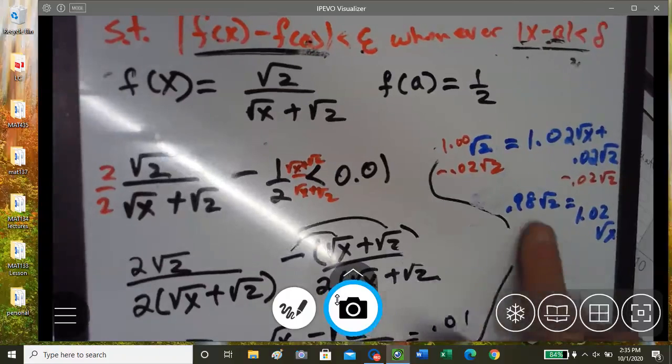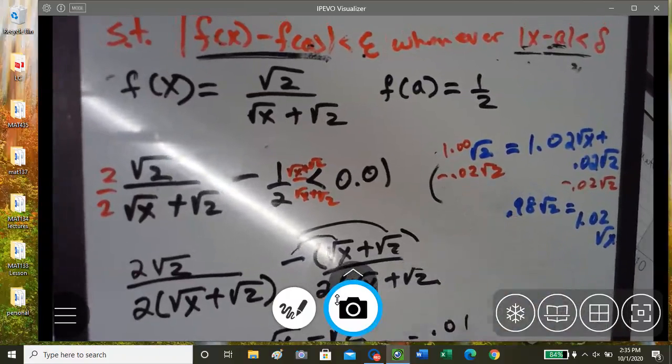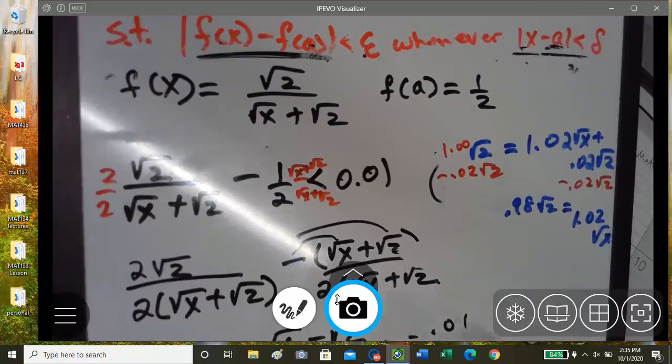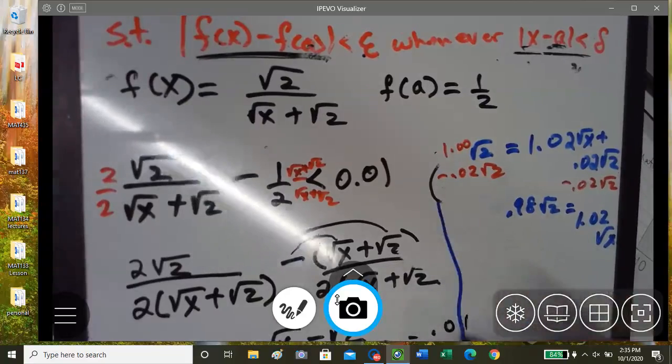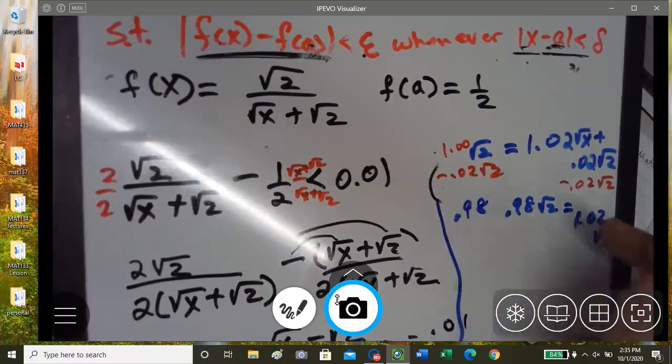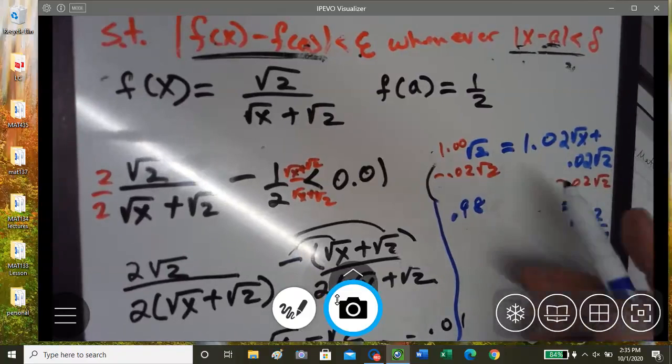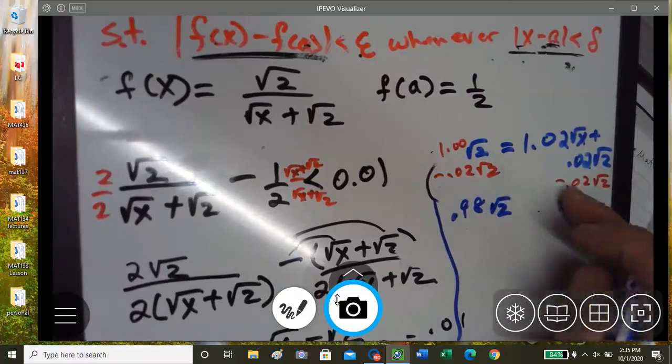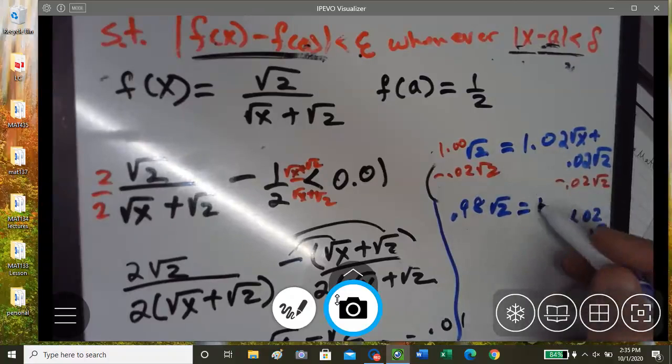So I can give myself some more room here. So I'm going to move this over, so I've got the 0.98 square root 2 is equal to 1.02 square root x.